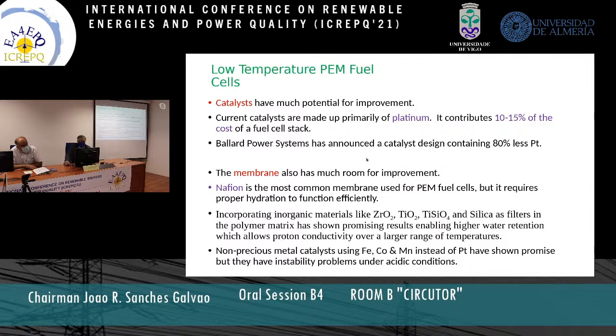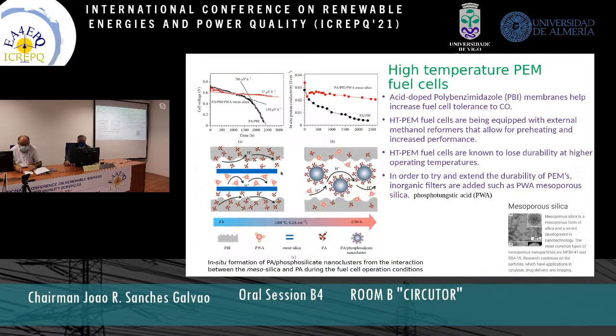But there are companies that are working on catalysts using less platinum, and in some cases non-precious metals like iron, cobalt, magnesium, etc. The membrane also can use a lot of improvement. Nafion is the one that is used commonly for PEM fuel cells, but it requires the right amount of humidity to function effectively, meaning to pass the protons effectively.